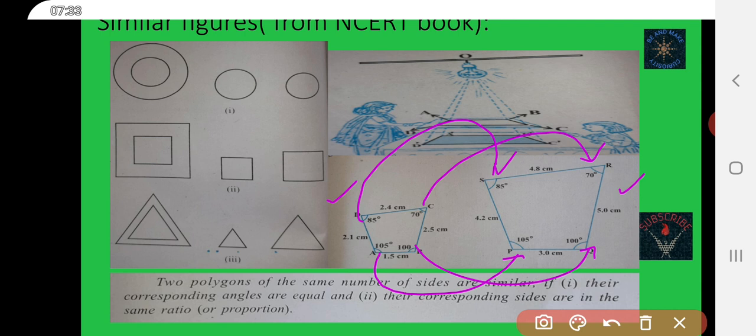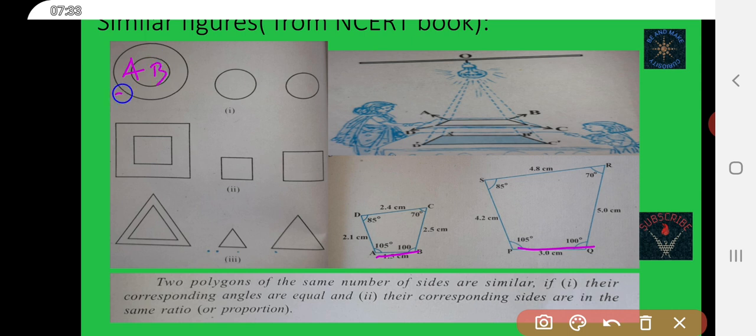Now we see whether the ratios of the corresponding sides are equal or not. Here you see AB, here PQ corresponds, so you find AB by PQ. AB is here 1.5 centimeter and PQ 3 centimeter. So 15 by 30.